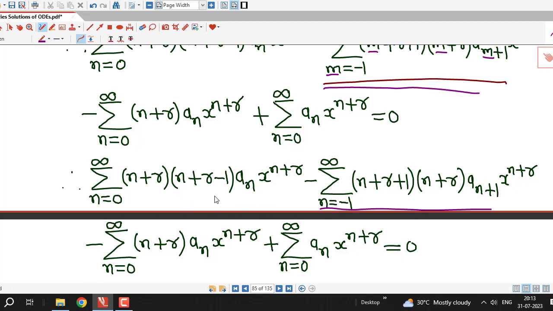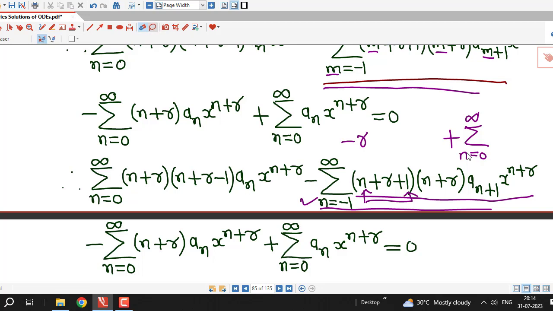Now to combine all these summations, we must take care that the range of each summation is the same. Here the range is starting from minus 1. So what we can do is, we can write down the term corresponding to n equal to minus 1, plus sigma n equal to 0 to infinity, this quantity as it is. For n equal to minus 1, you can see this minus 1 plus 1 is 0, and I will have r, minus sign is there, so here also we will have minus sign.